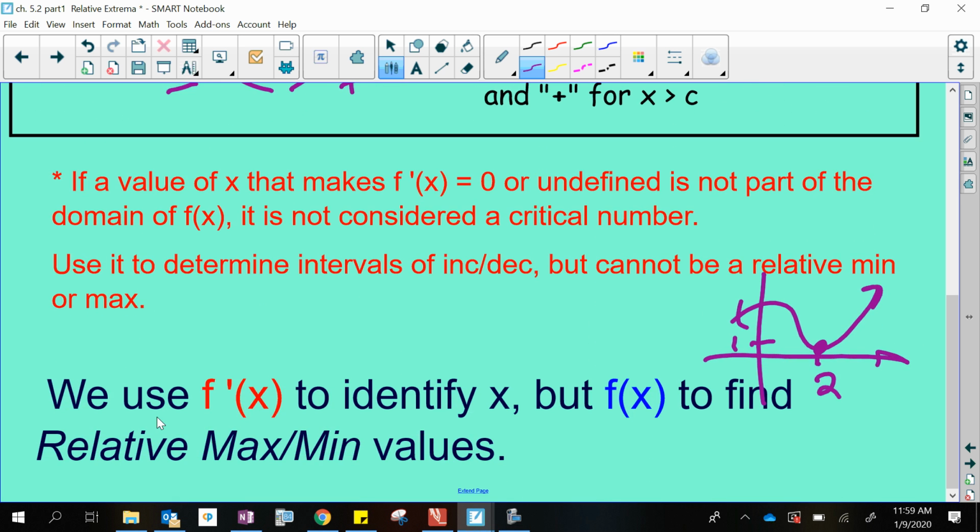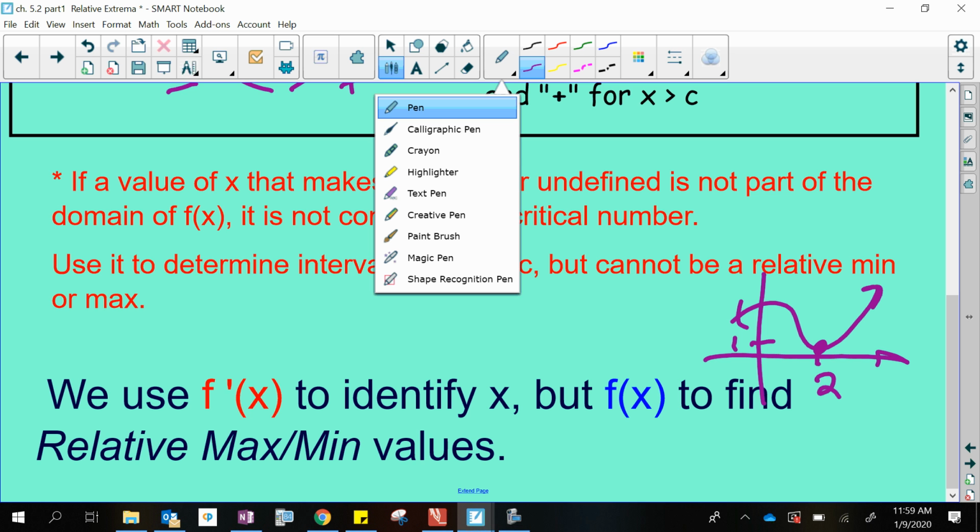Now, here's where it gets a little bit tricky, because if a value of x makes the derivative 0 or undefined, but it's not part of the domain of the function to begin with, then it's not going to be a min or max. We're going to talk more about that in examples, so I'll hit that later. The main thing you want to remember here, like I mentioned, is the biggest mistake people make.